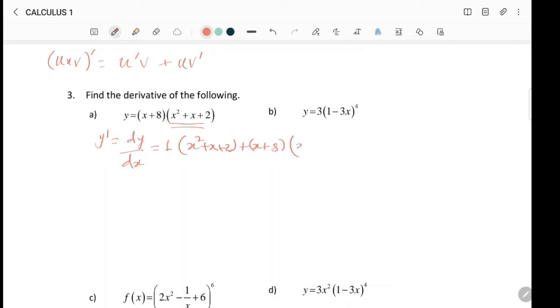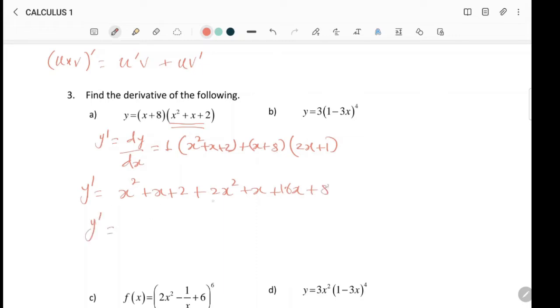So x squared differentiation is 2x and x differentiation is 1, right? Now y dash equals x squared plus x plus 2, and x times 2x is 2x squared, x times 1 which is x, 8 times 2x which is 16x, and 8 times 1 which is 8.